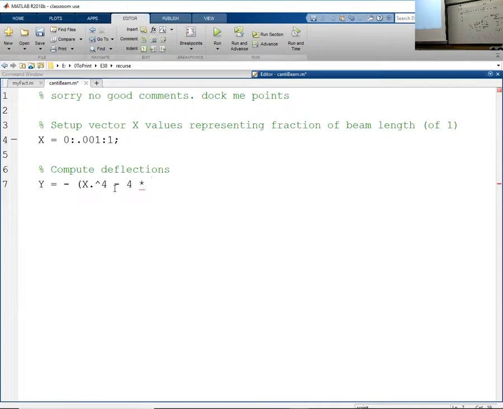Simple. Times x dot caret 3. Plus 6, dot caret. 6 and caret happen to be on the same key. Okay, perfect.